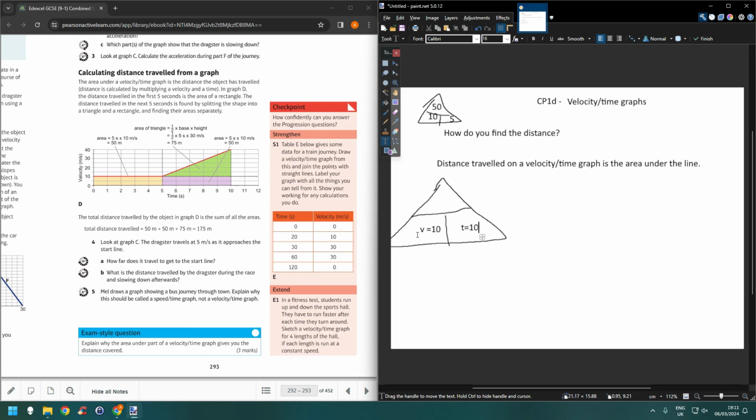Multiplying these two together will give you the distance of 100 meters in this case.